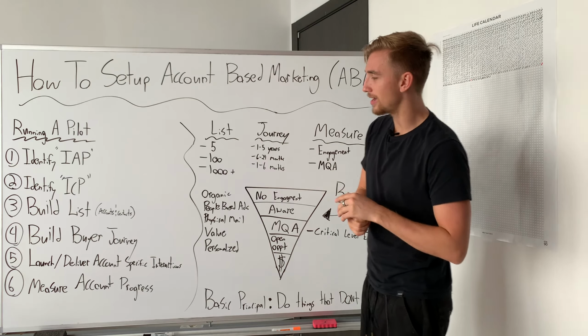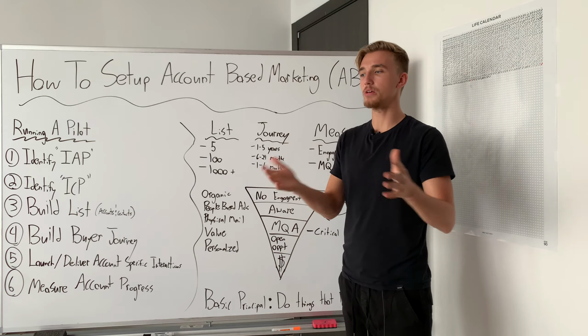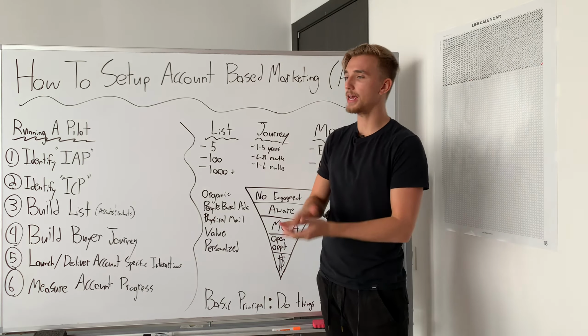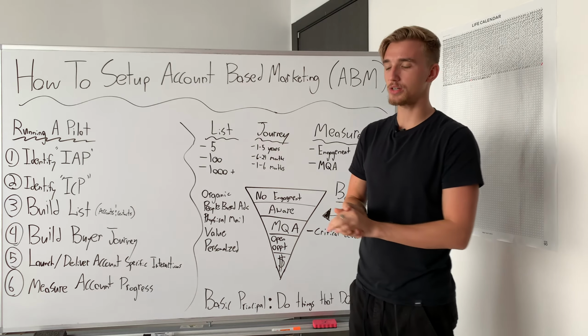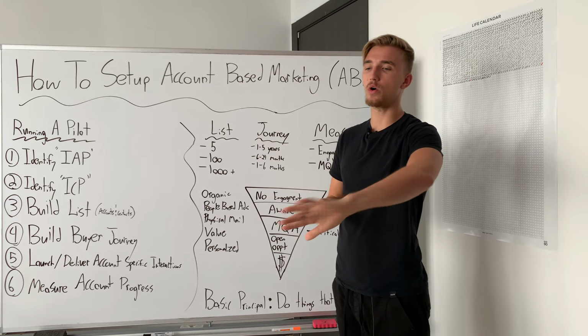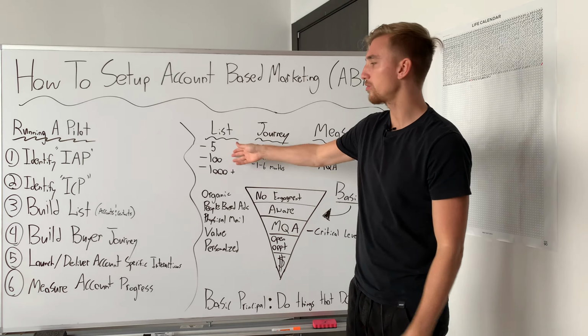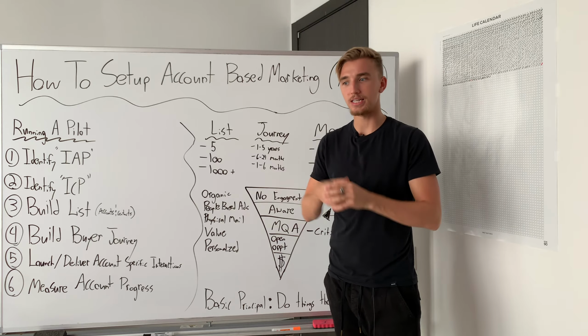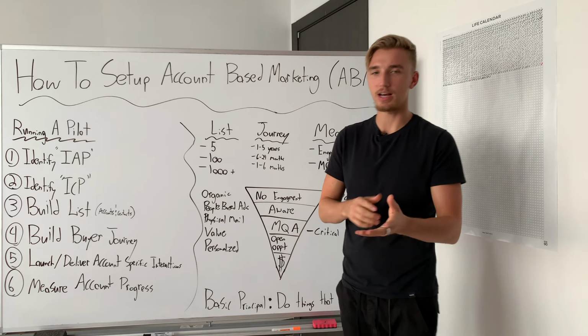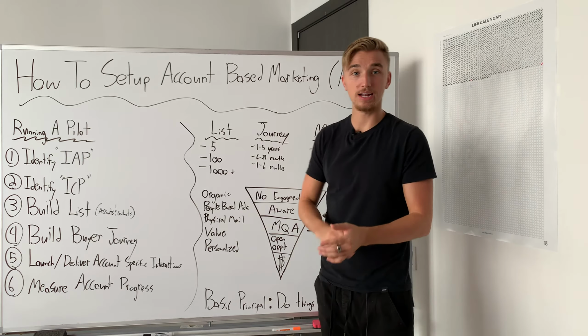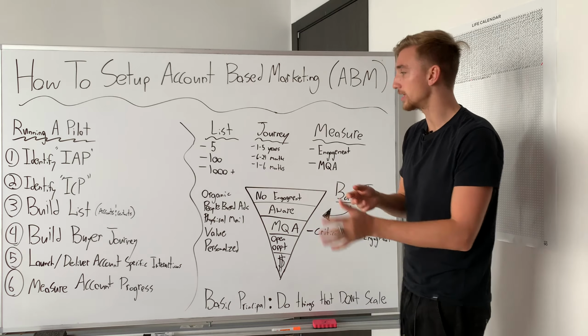Now, to give you an example, a basic journey might look like this. Okay, you have a target account. The first touch point is you're going to send a cold, physical lumpy mail package to 2 or 3 of the executives in the company as an introduction, with a custom gift based on their personality, their likes and dislikes, or whatever it is.